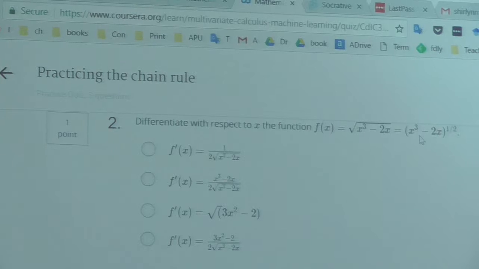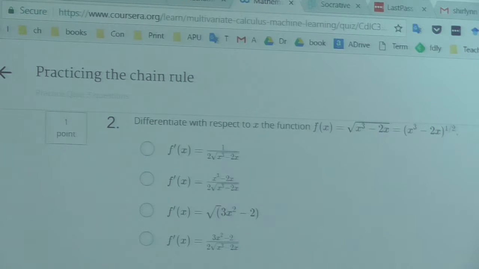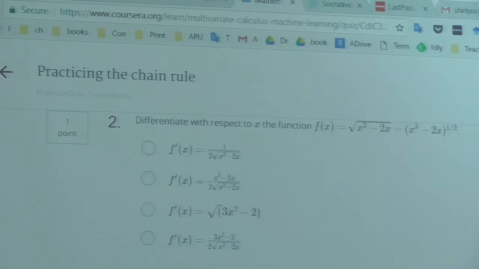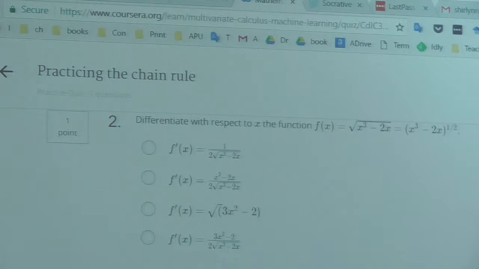So what is the derivative of this? Again, just use A, B, C, and D.